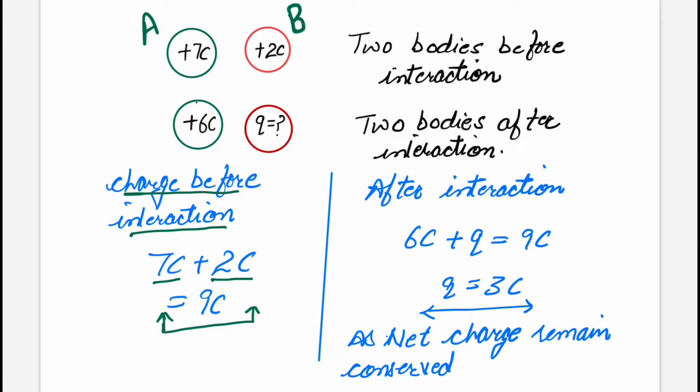Now, if the bodies interact, then the first body acquires +6 coulomb charge. We are supposed to calculate Q, that is, what will be the charge on the second body B. We write that 6C + Q should be equal to 9 coulomb as per the law of the conservation of charges. So from here we calculate that Q is equal to 3 coulomb. So the net charge remains conserved.